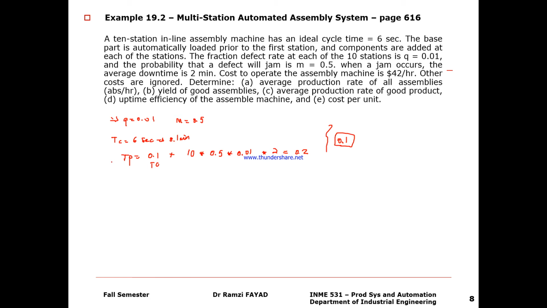The production rate is RP equals 60 divided by 0.2, which is 300 assemblies per hour.